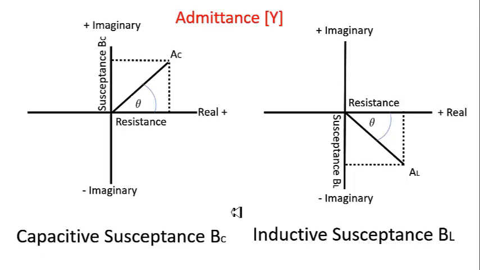So what we find here is that the capacitive susceptance occupies the positive real, positive imaginary quadrant of the complex plane, and the inductive susceptance occupies the positive real, negative imaginary quadrant. So they're flipped.